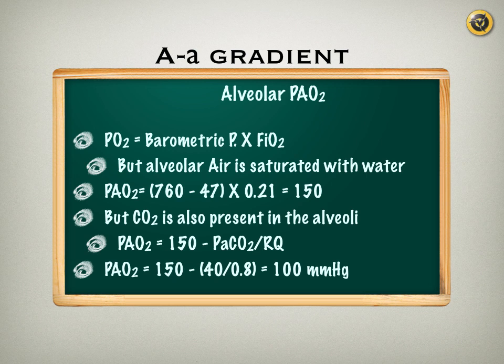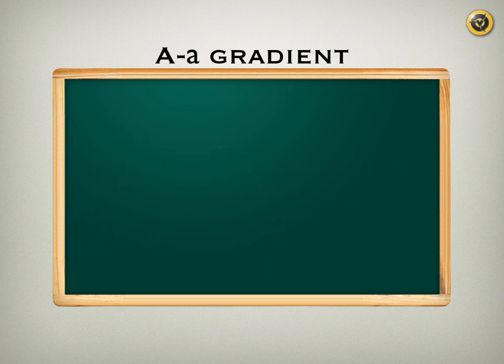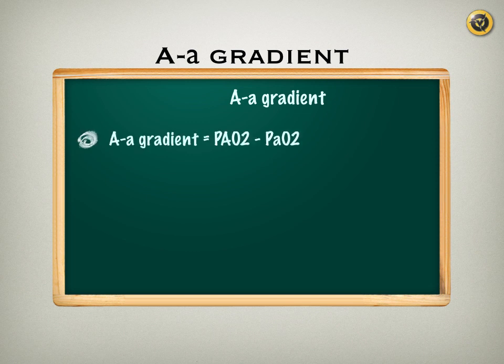Now we send a blood gas and measure the arterial partial pressure of oxygen, PaO2, small a, and we can subtract the difference, and that will give you the AA gradient. So the alveolar PO2 we calculated was 100. Usually when you run a blood gas on a normal healthy lung, you will have a PaO2 of 80.